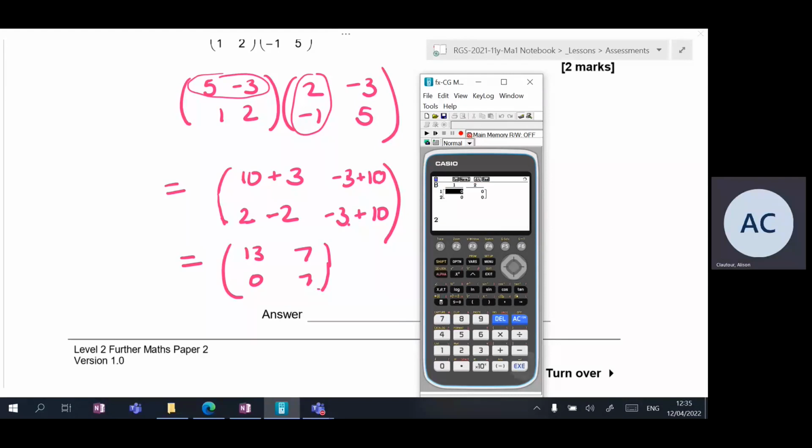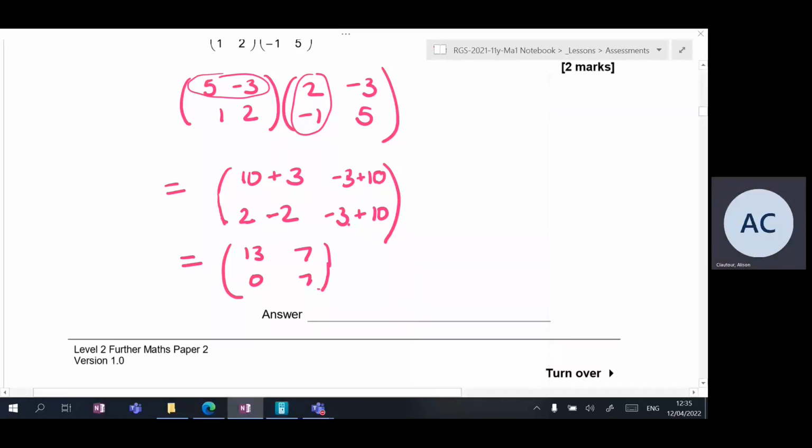So we've got 2, minus 3, minus 1, 5. Press exit, exit again. Press options to get your matrix options up, F2 matrices. So I'm doing matrix A times matrix B. Okay, so I've got 13, minus 13, 0, 7.